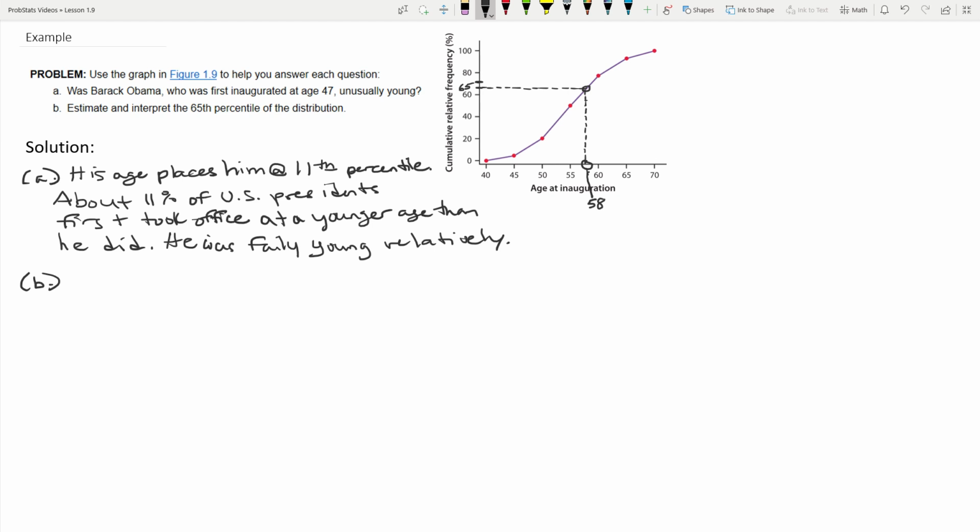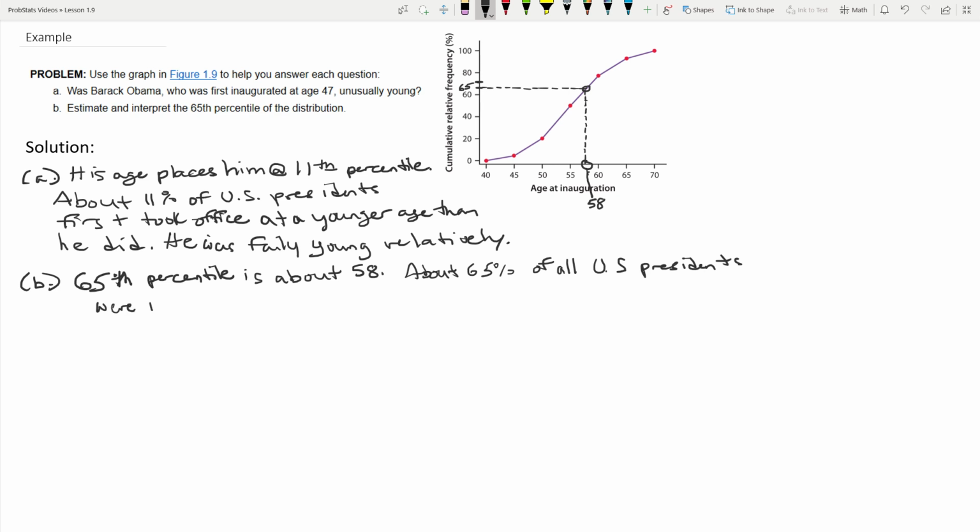So what does that mean? Well, it's saying that the 65th percentile is about 58. So this means that about 65% of all US presidents were younger than 58 when they took office.